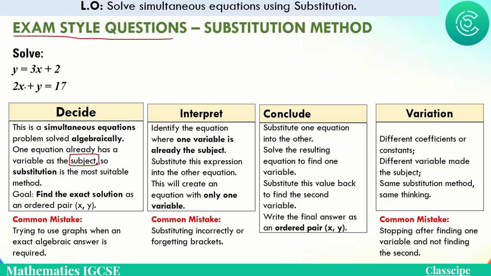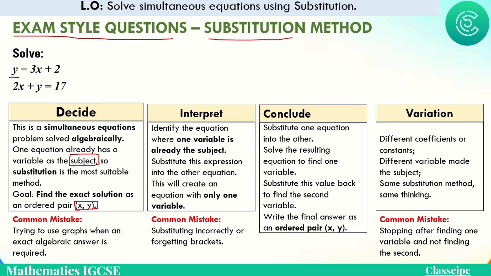So if you have an equation where you have a subject, then you go for substitution method. And what is our goal? Find the exact solution as an ordered pair like x and y. So the main point in decision is that you have to look for the subject. So if you find any subject variable, then go for the substitution method.